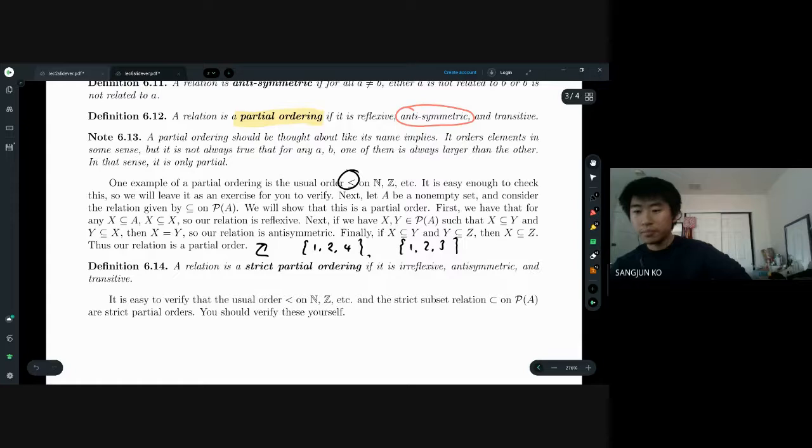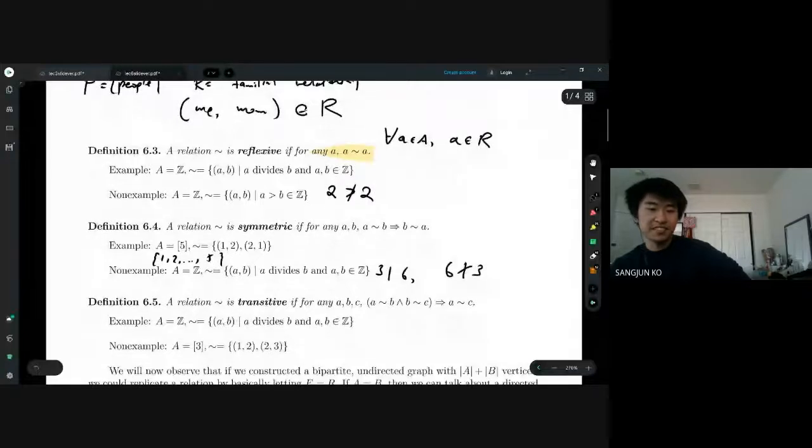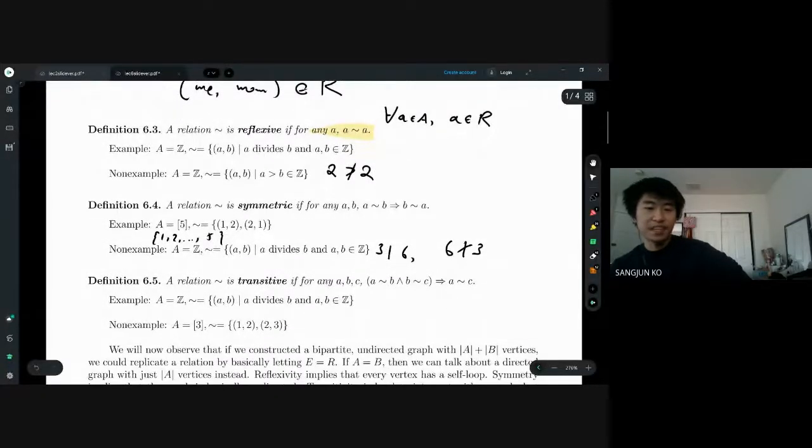Any one of the examples we had above, if you have something that's not reflexive, like this one, is an order relation, right? But it's not a partial order because it fails our definition in the sense that it's not reflexive.